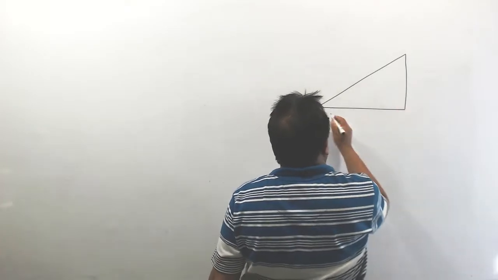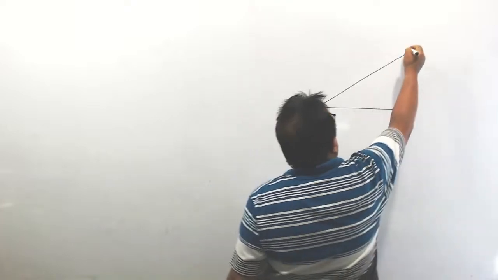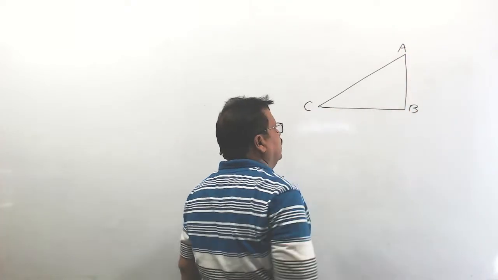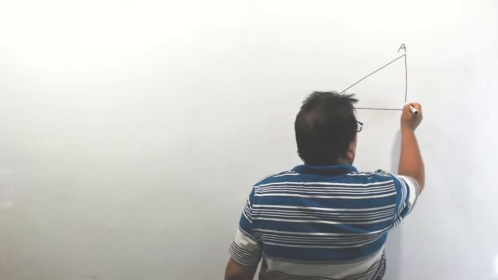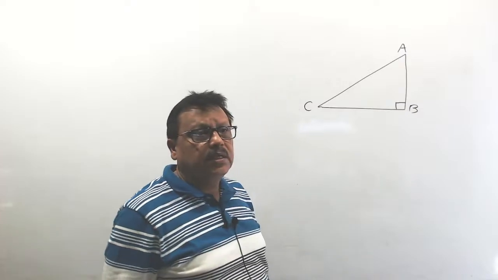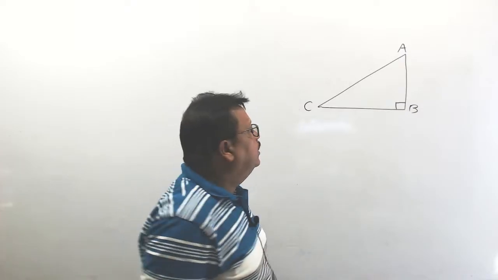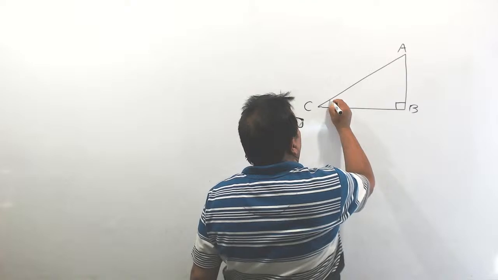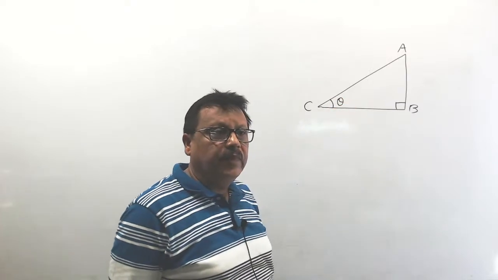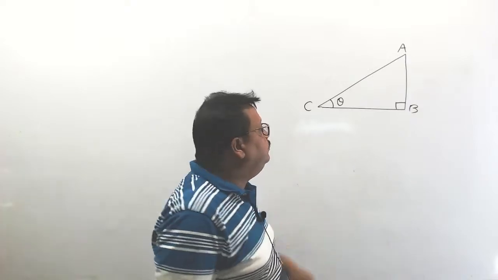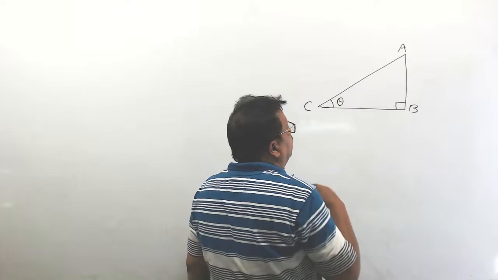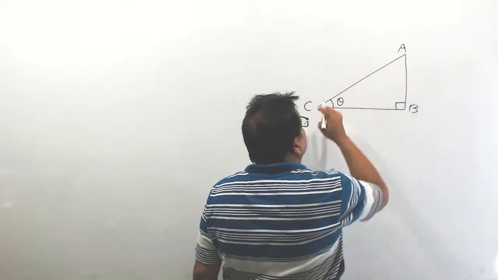Say it is a right angle triangle. Give the names A, B, and C, where the right angle is at the vertex B. And consider an acute angle theta. Now, first of all, AC is the hypotenuse.